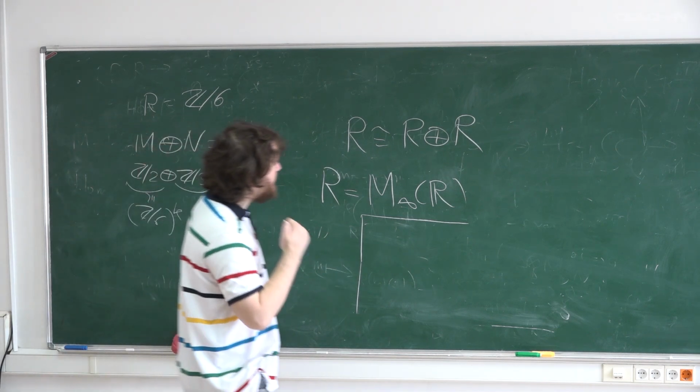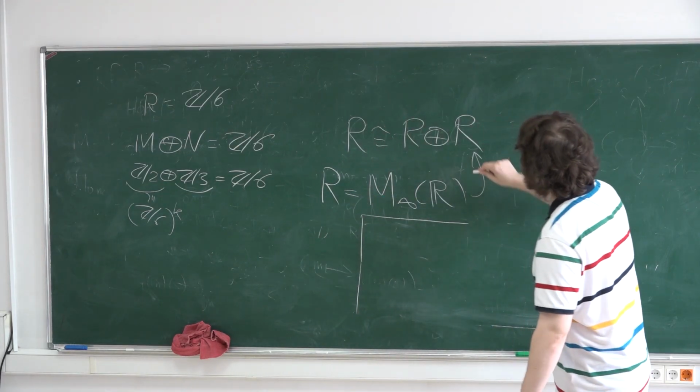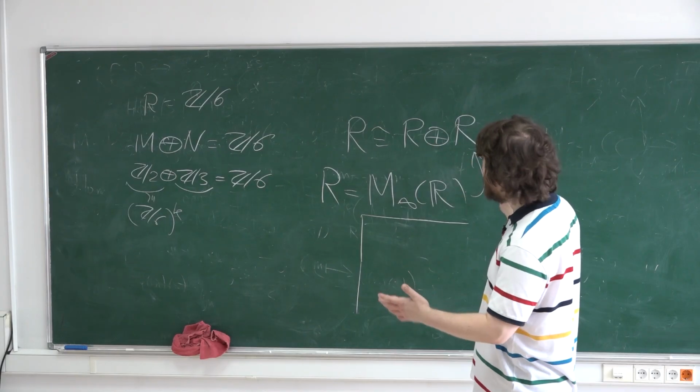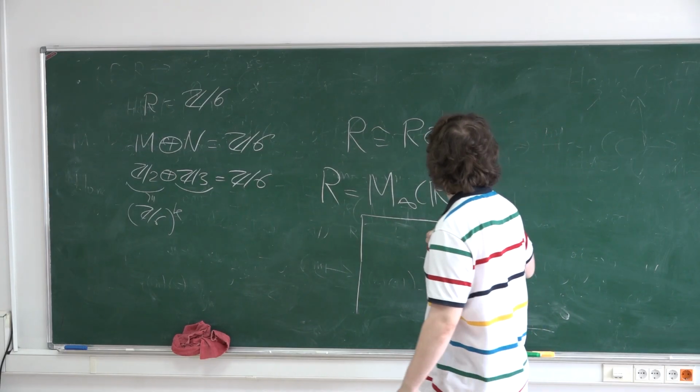If you consider something like this, you can check that there is an isomorphism of R modules. It's not an isomorphism of rings, it's an isomorphism of R modules.